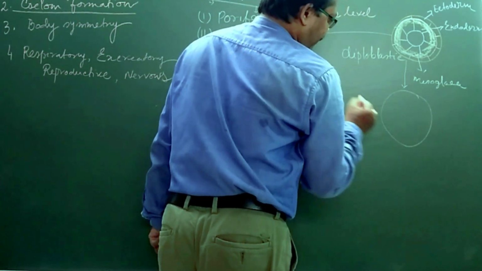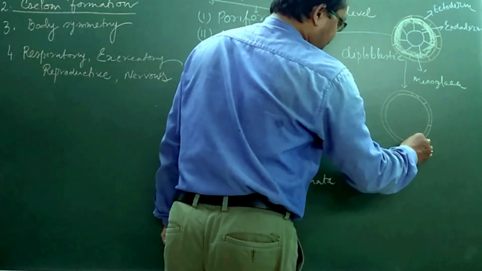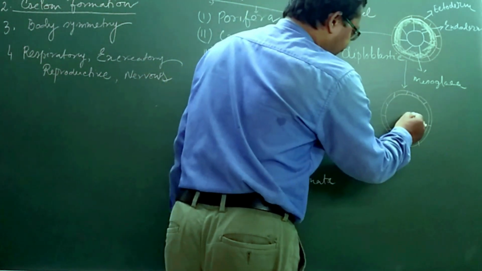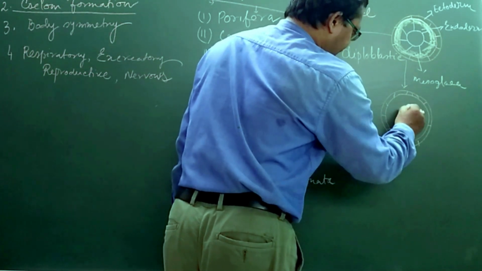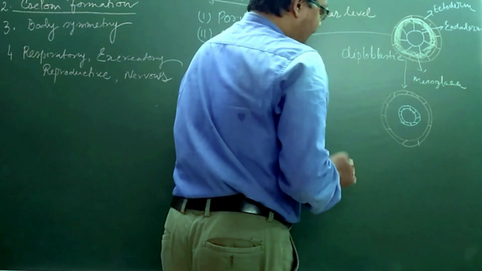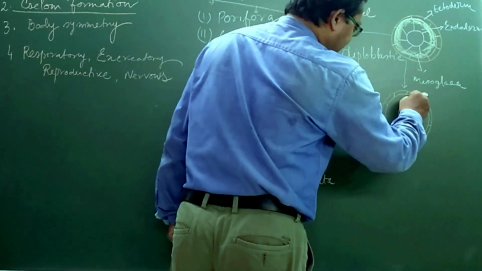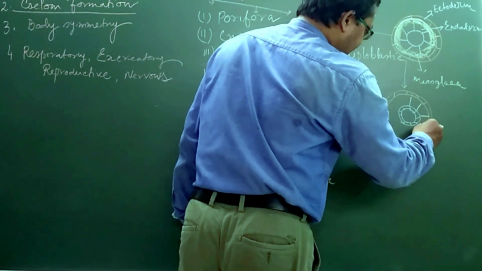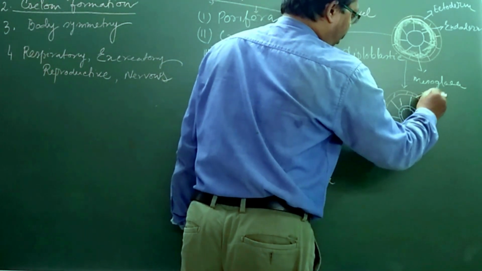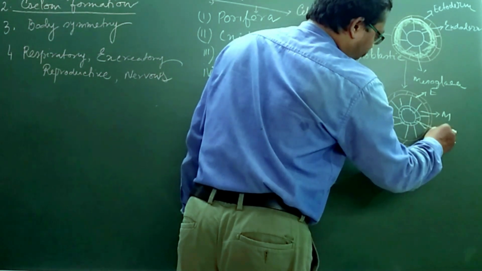The outer cell layer is ectoderm, the inner cell layer is endoderm, shown in blue, and in between ecto and endo another cell layer develops, called mesoderm. E for ecto, M for meso, and E for endo.